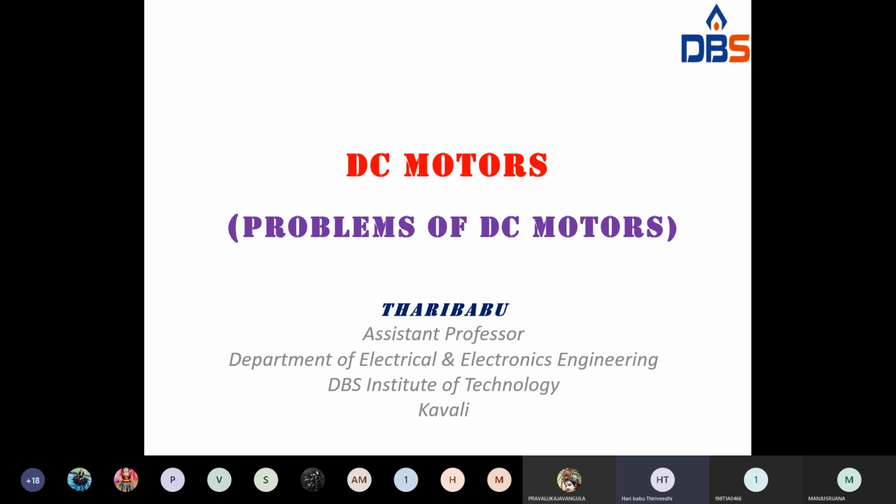That means to meet the load requirement and the user requirement, the speed is not constant. Speed must be variable. Some industries may require below rated speed, some above rated speed. That's why speed control is necessary nowadays.